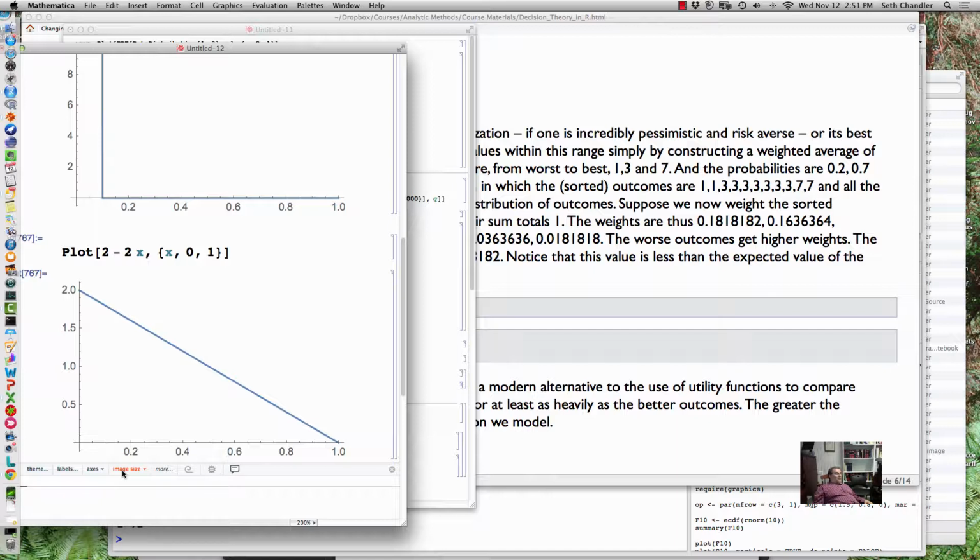Actually, I will give you a hint. It's such an evil hint. Trapezoids. Discuss.